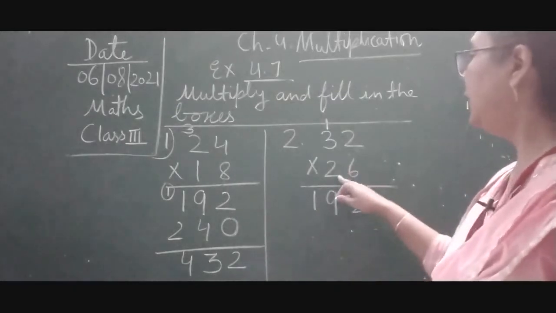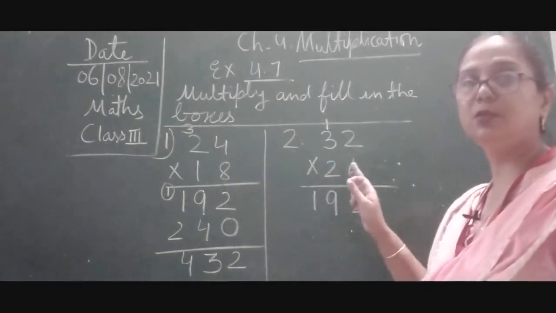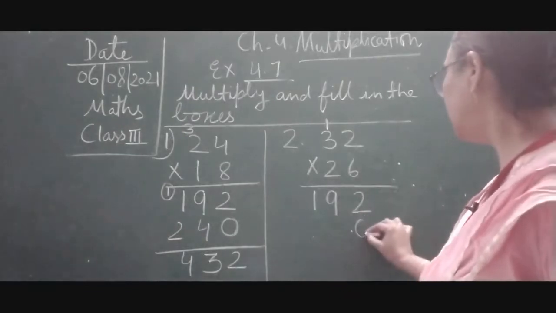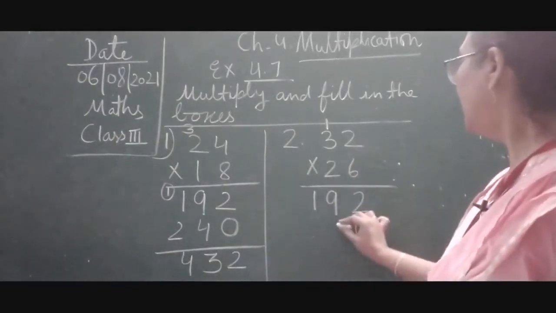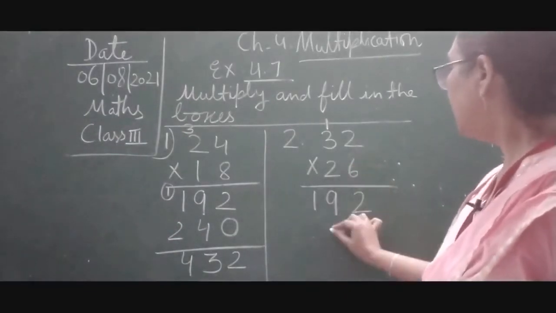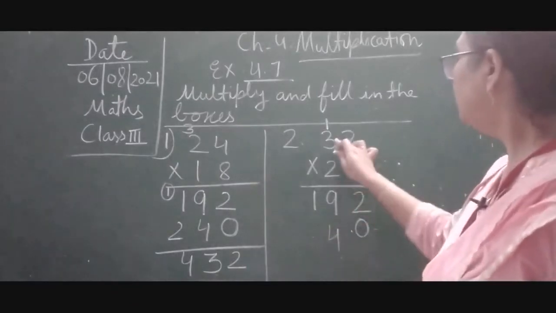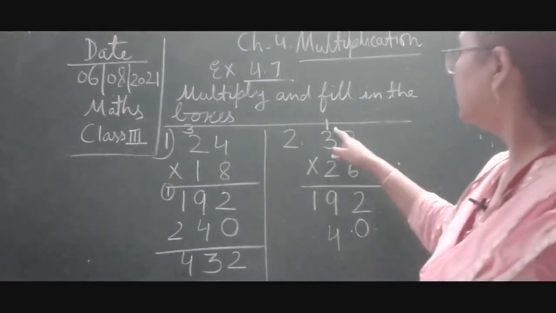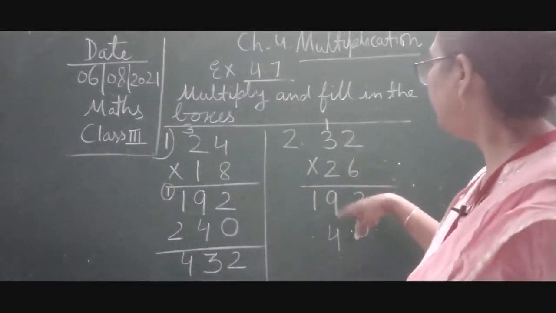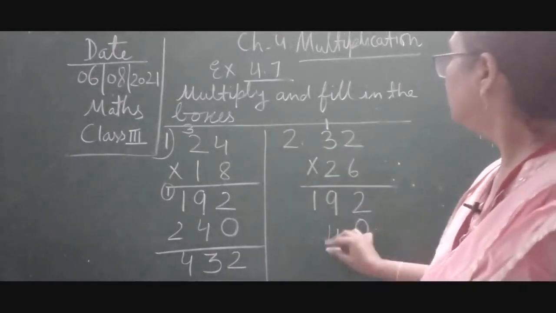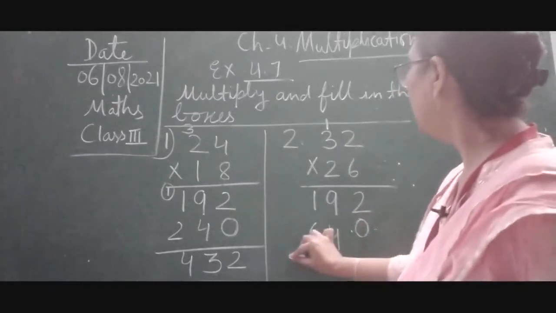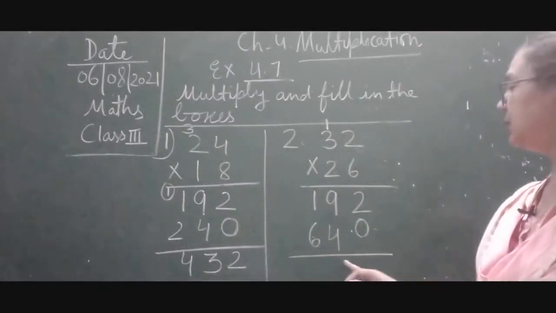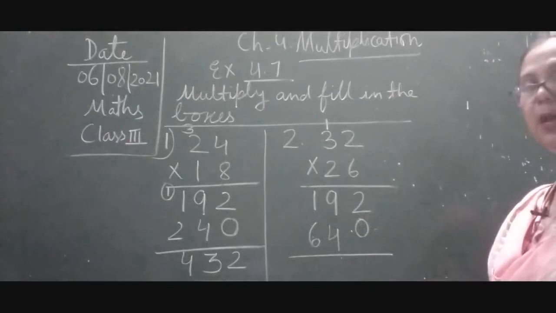Now here again this is tens, so that is why we will write a 0 over here. 2 twos are 4, 2 threes are 6, here you can see 2 twos are 4 and 2 threes are 6. Okay. Now here we will write 640. This is the answer.